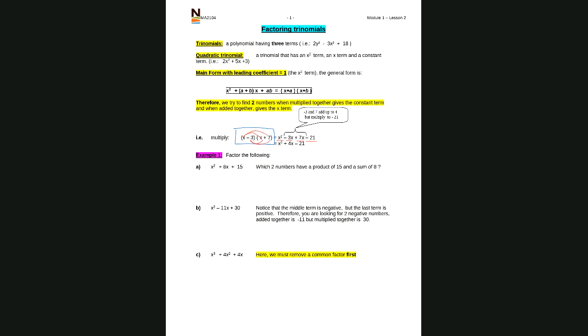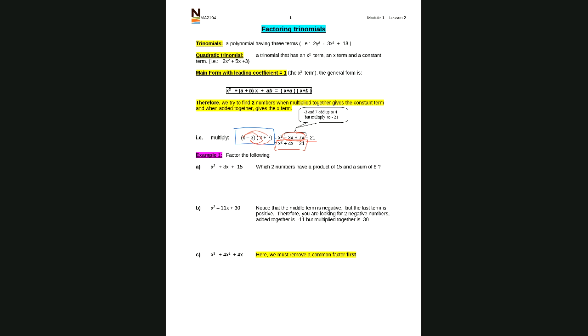Now notice the middle term, we can add that together, right? So the sum is 4. So let's say we have the result and we're asked to find two things multiplied together that give us this answer.